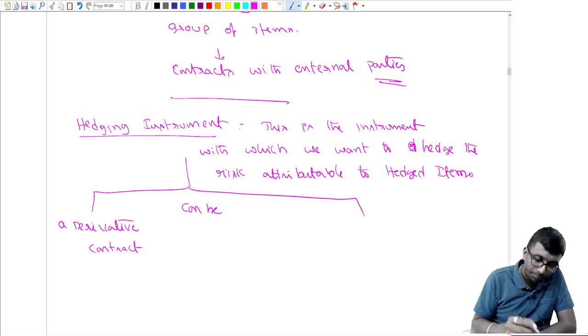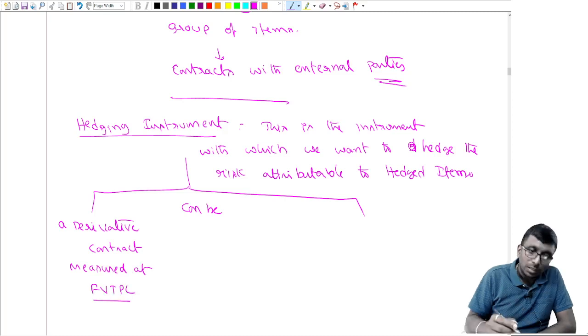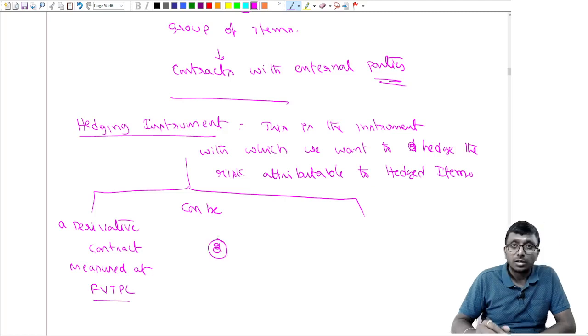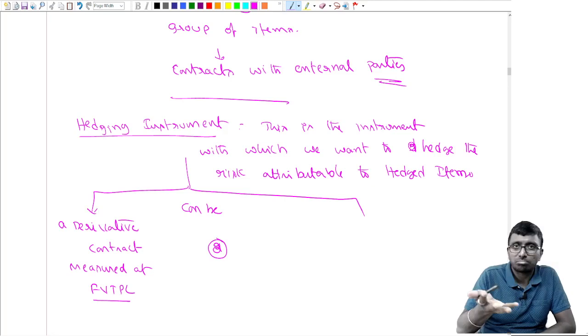A derivative contract, you know, futures, options, forwards, swaps, different vehicles basically, right?